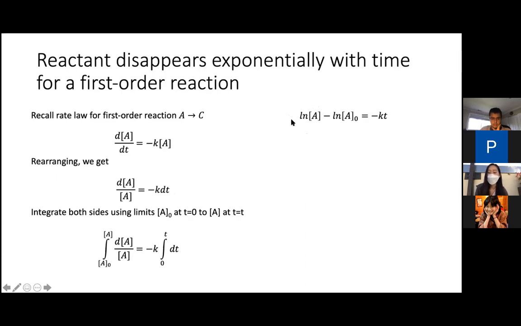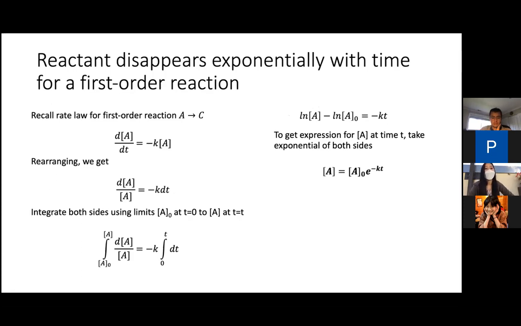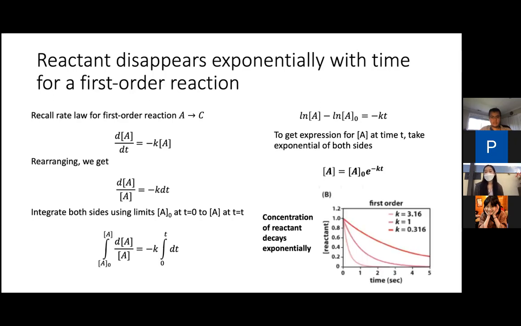Then if we take the exponential on each side and isolate A to get an expression for A at time t, we get this equation. And that tells you that the reactant disappears exponentially with time. And we can verify this experimentally.